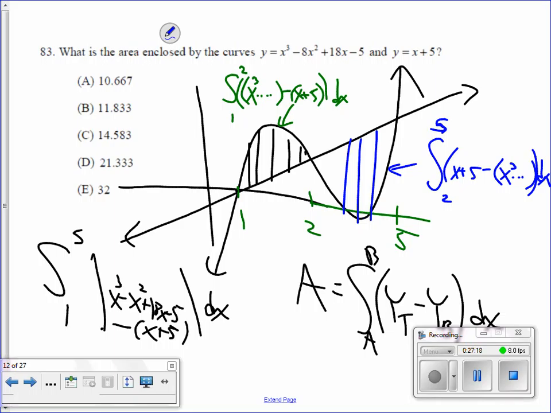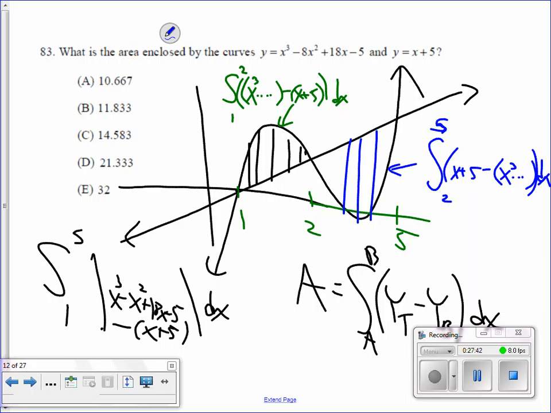But here's the great thing when you have a calculator. You can get away with one integral, just add these up from 1 to 5. If you integrate the absolute value of either one of them minus the other. I chose the cubic minus what y equals on the line. Because whenever that goes negative, it's going to make it positive.